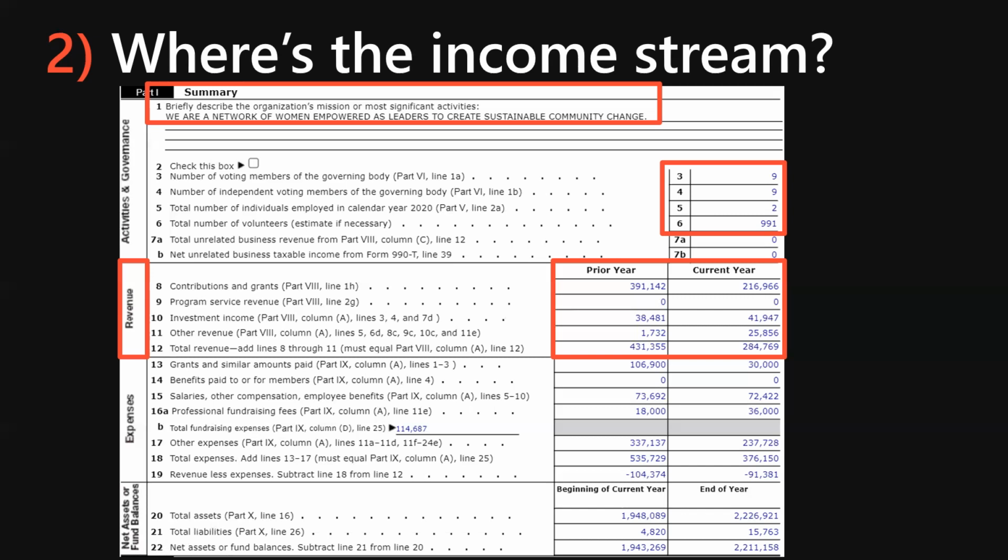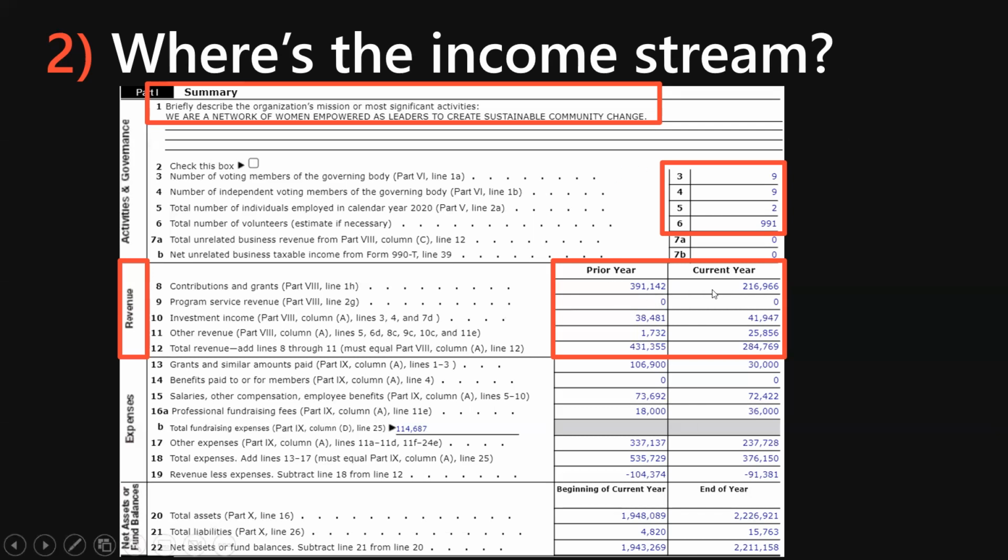Prior year is going to be 2020. So just remember that throughout the document, because it only refers to prior and current year. It's a single comparison document. Line 8, those are your contributions and grants.